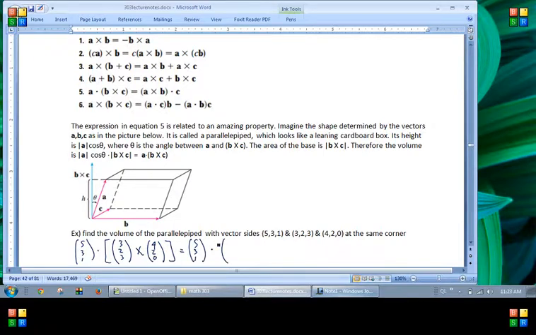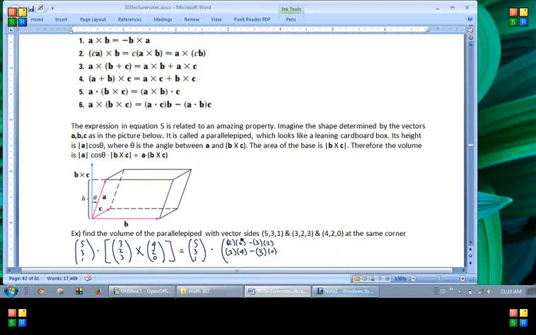So it's going to be 2 times 0 minus 3 times 2. And then the second component is going to be 3 times 4 minus 3 times 0.